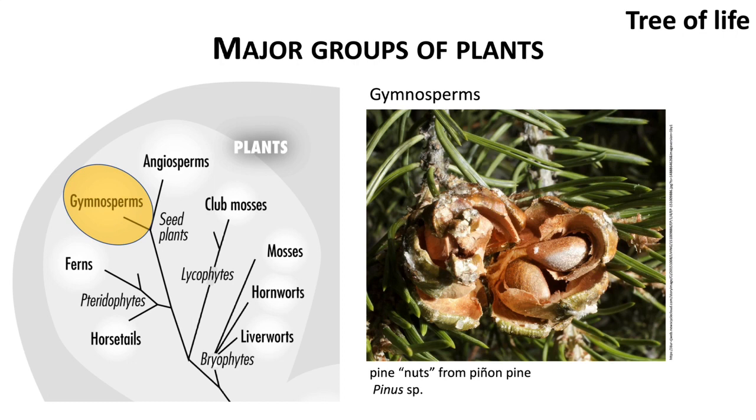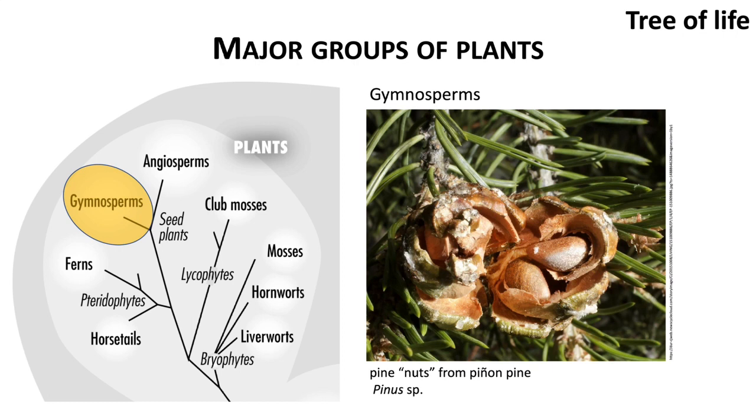Relatedly, since fruits come from flowers, gymnosperms also lack flowers. Gymnosperms include the commonly known conifer trees, like pines and spruces, as well as a few other groups, like ginkgos and cycads.